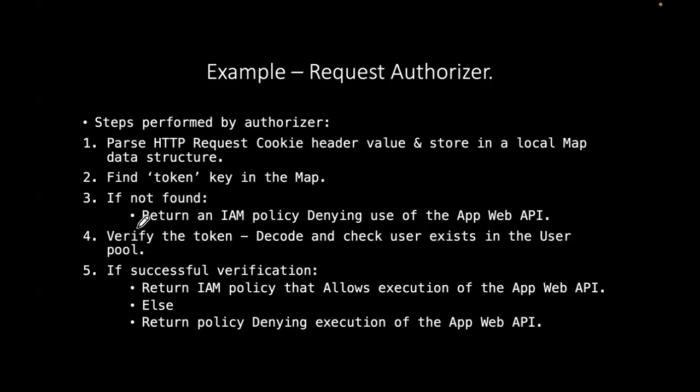If there is a token key within the map, that means we do have a JWT token potentially, but we need to verify it. The verification process really involves communicating with the Cognito service. So that's just a Cognito call. And the Cognito service actually performs the verification.